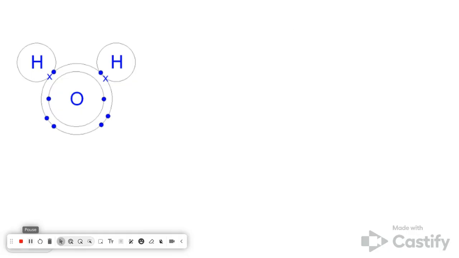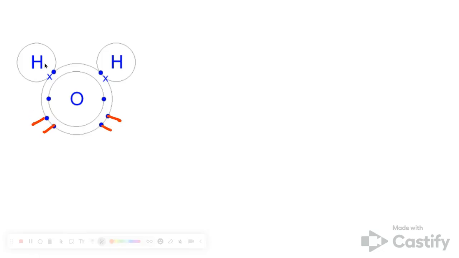Now, if we go back to our dihydrogen monoxide, our water molecule compound, we know that oxygen has 6 valence electrons, right? So it has 1, 2, 3, 4, 5, 6. So the X is showing oxygen's.